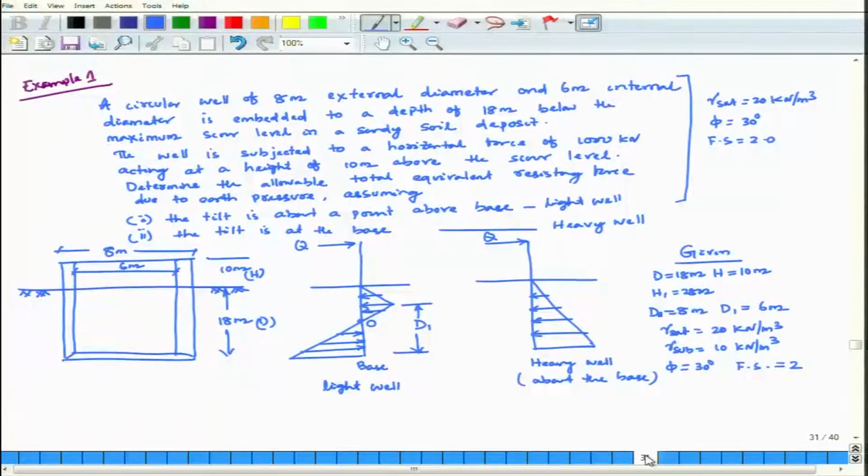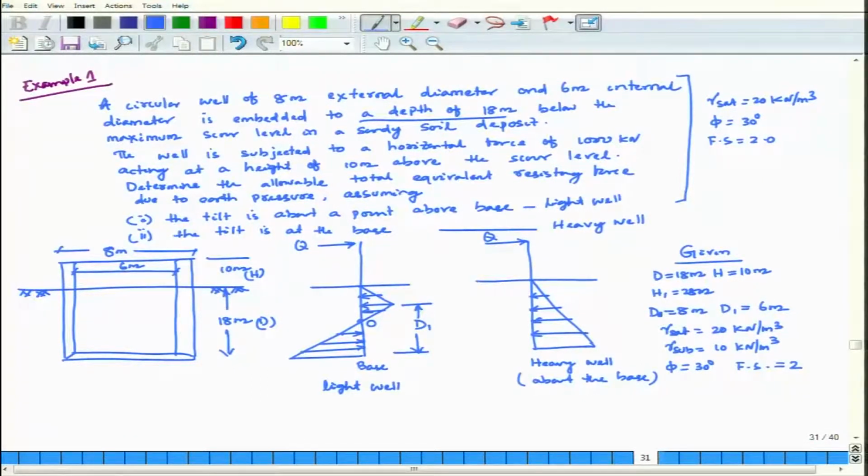So, if you look at the example, one is your tilt is about the base, about a point above the base, that is given the hint, that means it is a light well, and tilt is at the base. So, you have to identify what parameters have been given. In this case, D is given 18 meter, H is given at a height of 28 meter.